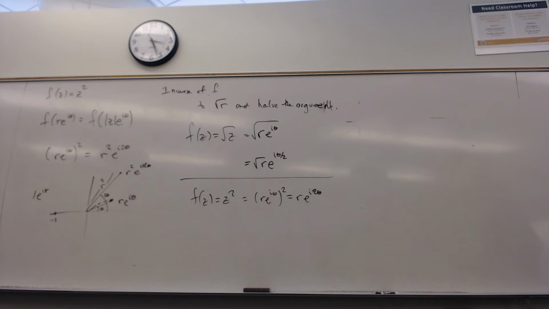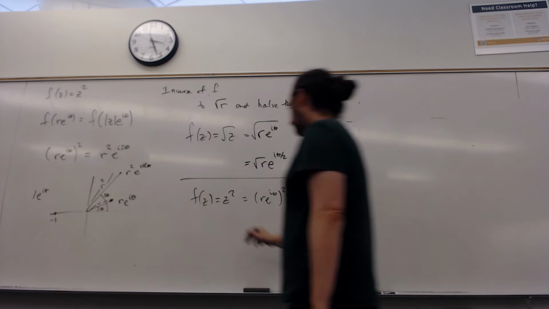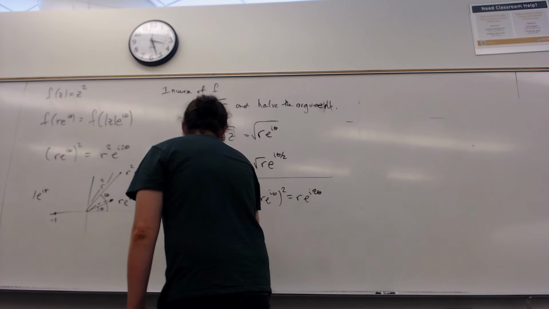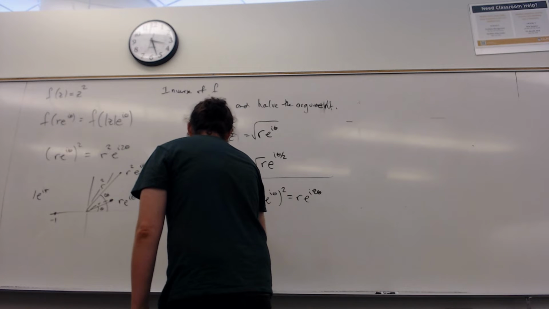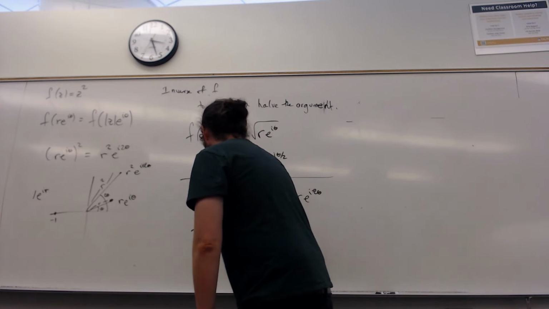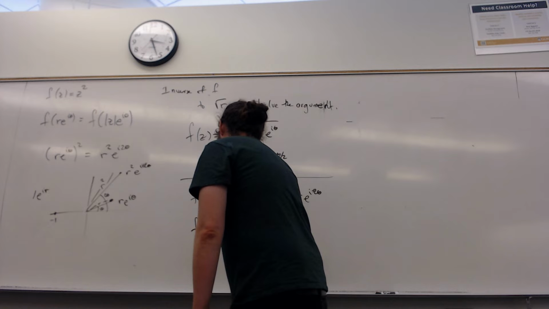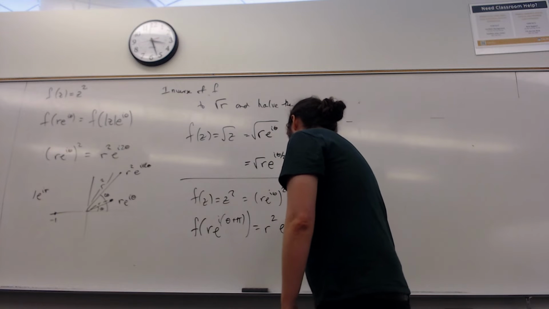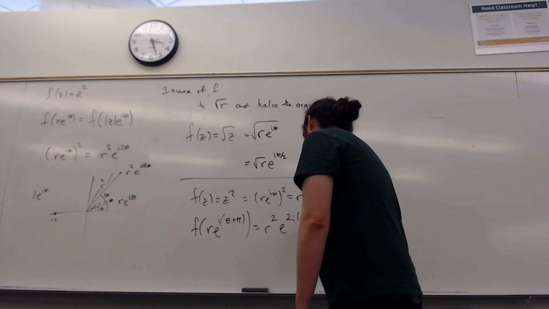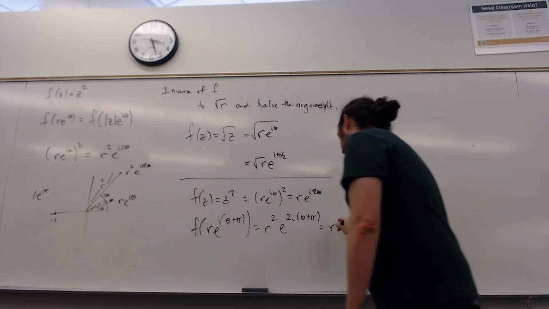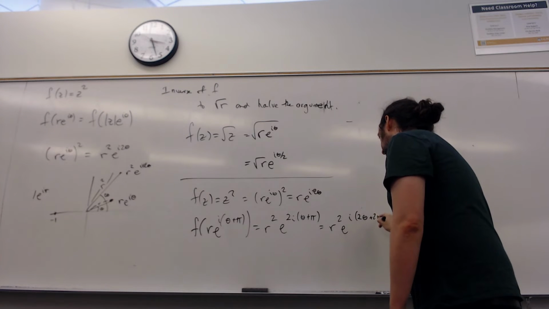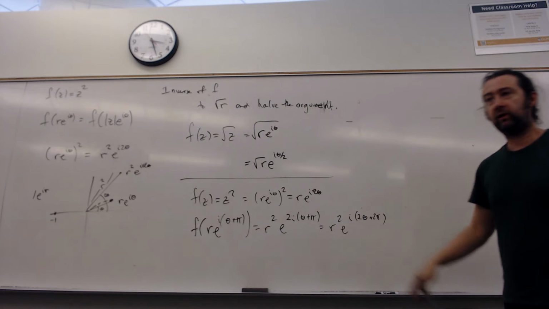Theta plus pi. So if we also took f of r e to the I theta plus pi, which would be r squared e to the 2I theta plus pi, which would be r squared e to the I 2 theta plus 2 pi, and e to the I 2 pi is 1.